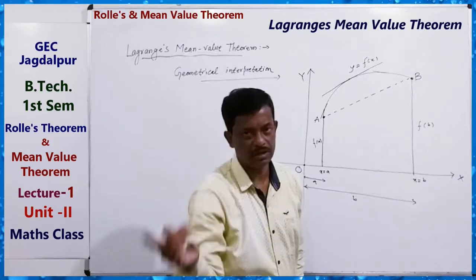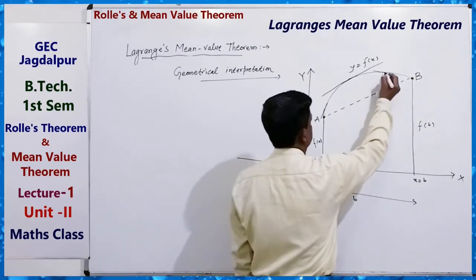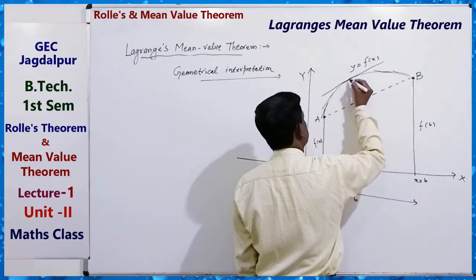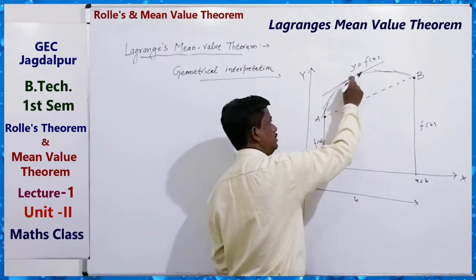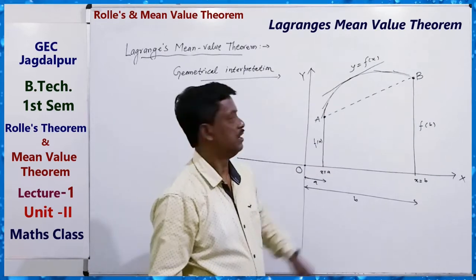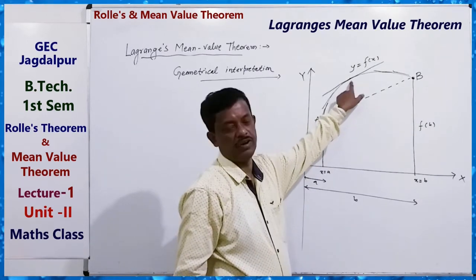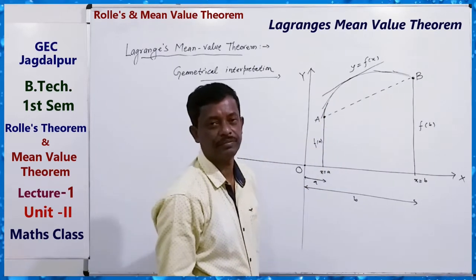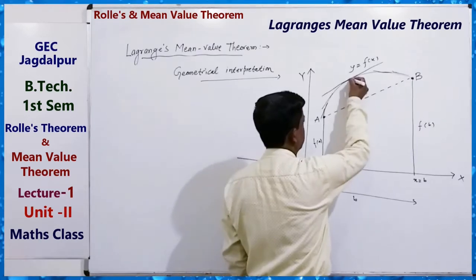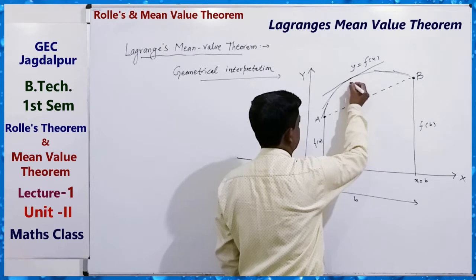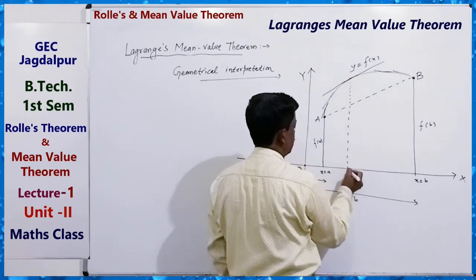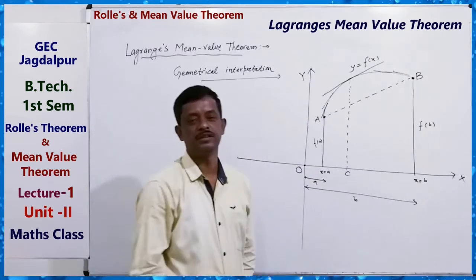So here is a tangent, here is a tangent, here is a tangent, but there is a point where tangent is parallel to chord AB. Okay. So here, this is the point C.